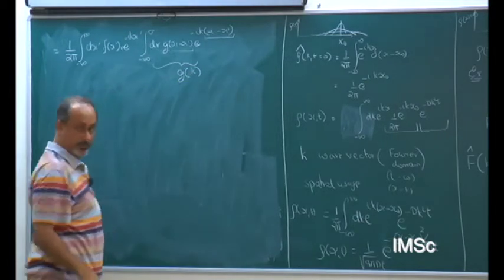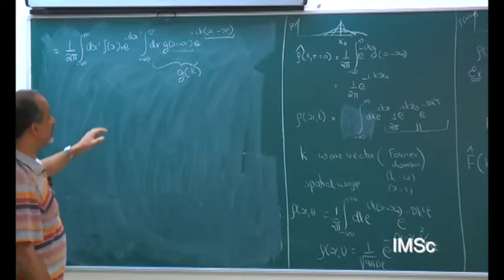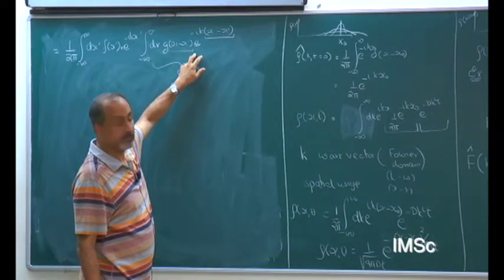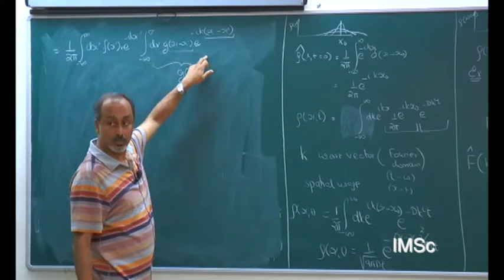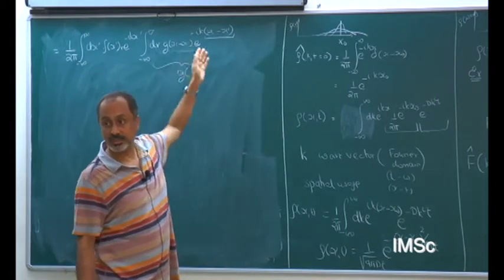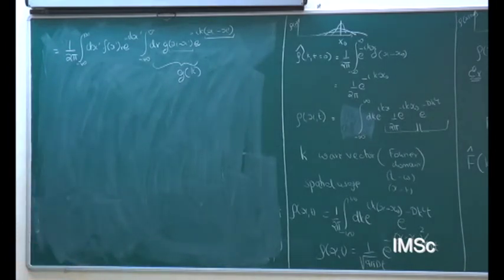I can define a new variable u, which is x minus x prime. Then dx is du. So this is g of u times e to the power ik u, which is just the Fourier transform of that same function.